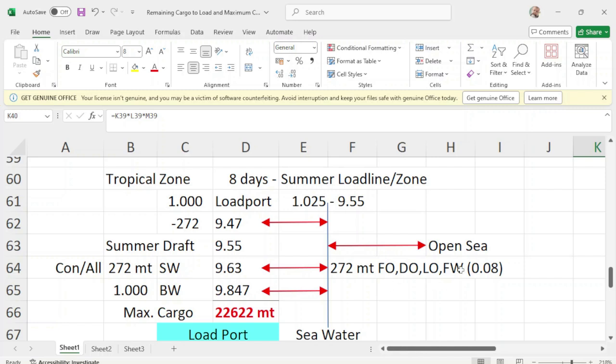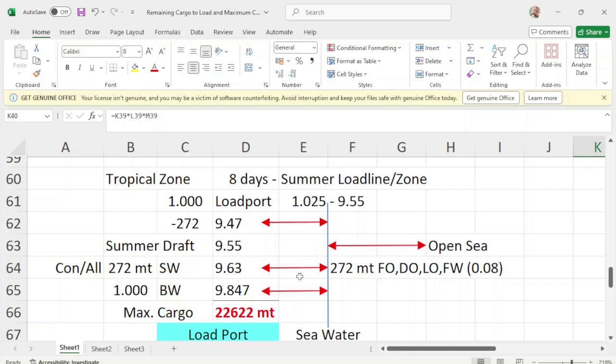Now, when you consume this fuel oil and fresh water, from this brackish water, you will reach the summer drop of 9.55 upon reaching this boundary of open sea of 1.025.